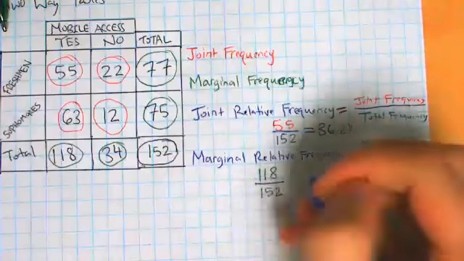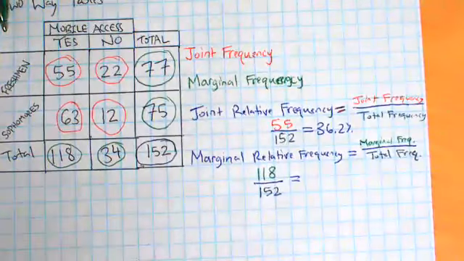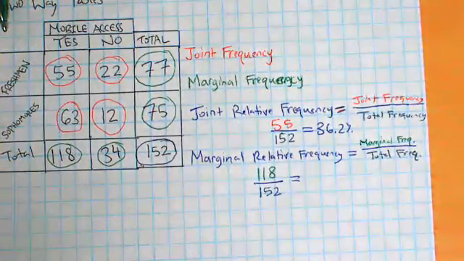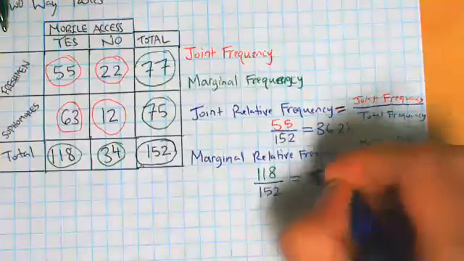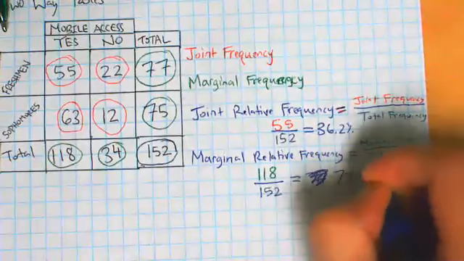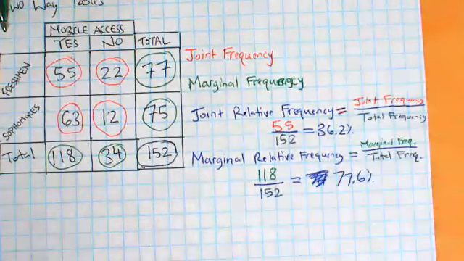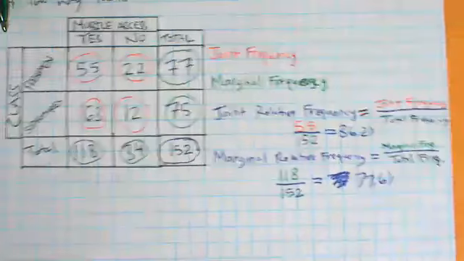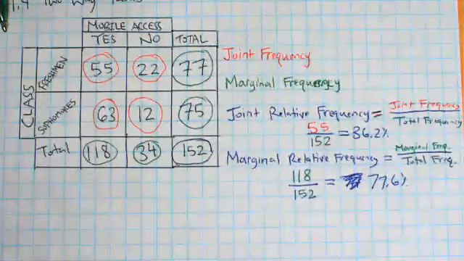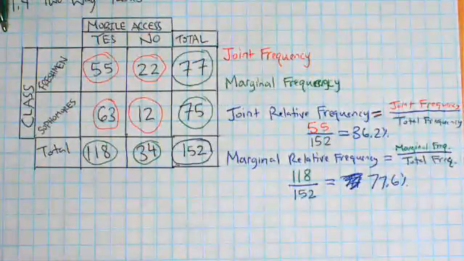And that gives us a percent of approximately 77.6%. So we can say that 77.6% of the students have mobile access in one way or another. So that is our marginal relative frequency. It is one of the green entries, one of the margin entries divided by the total.